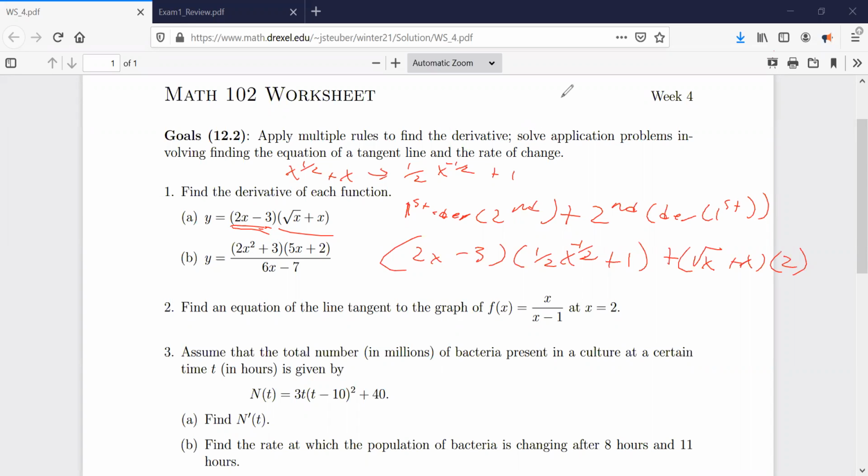Okay, so what am I going to do for B? How am I going to get that one? You would need the product and the quotient rule. Yeah, exactly. I have to do the product rule and then the quotient rule.